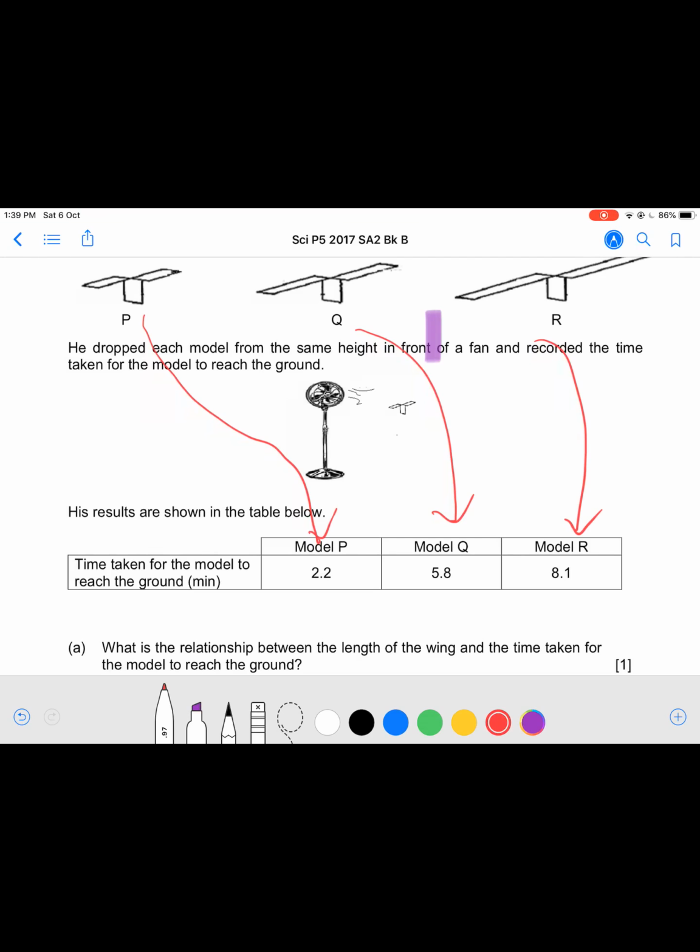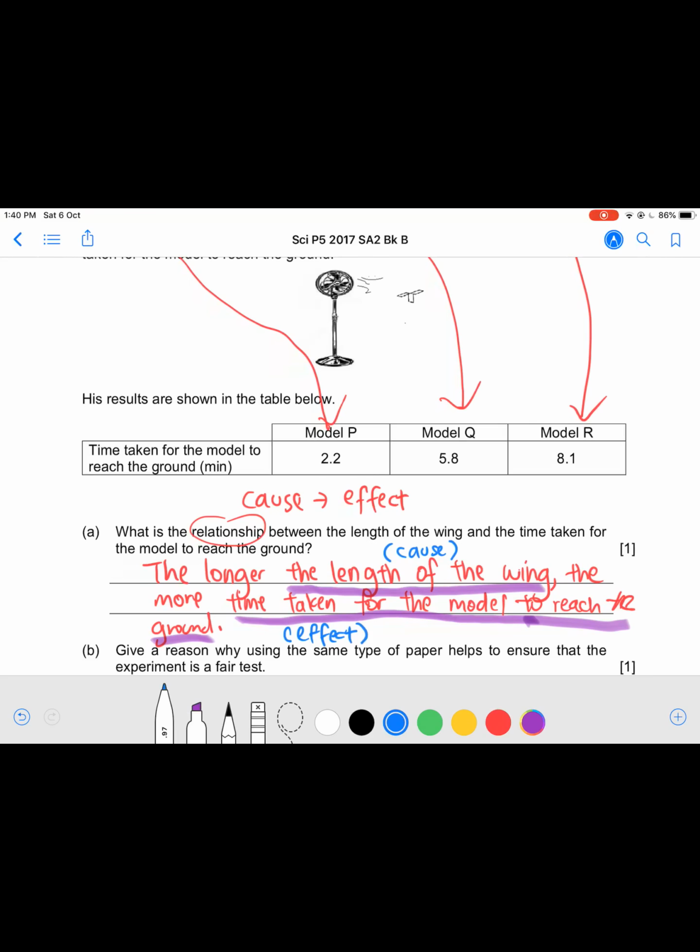Okay, so this is the cause and this is the effect. Alright, so let me just write down, this is the cause, this is the effect. Okay, so the cause must always start first, and the comparison words are there.